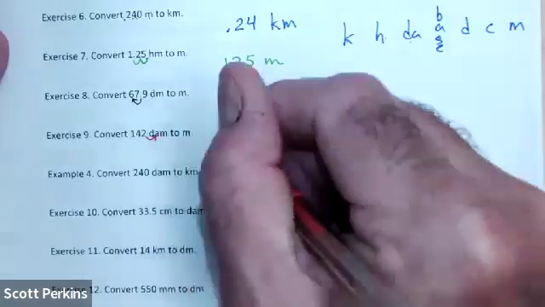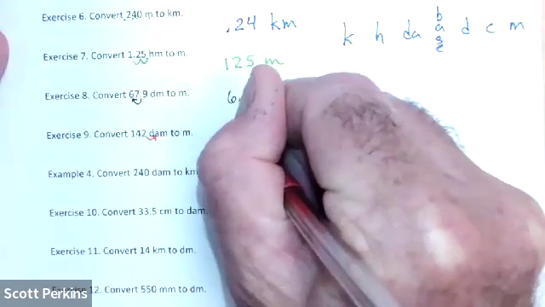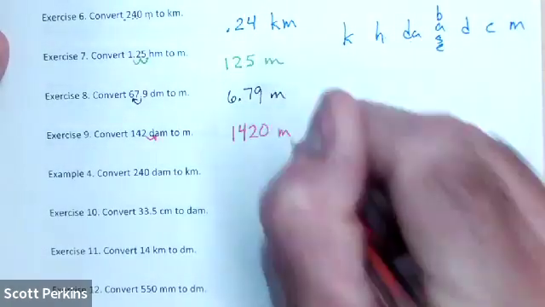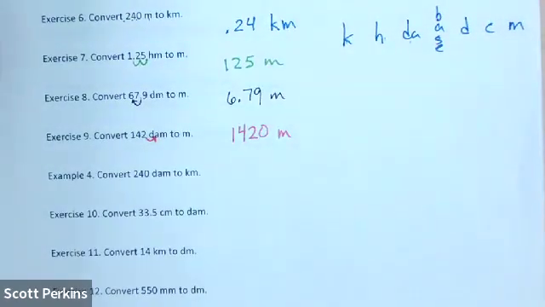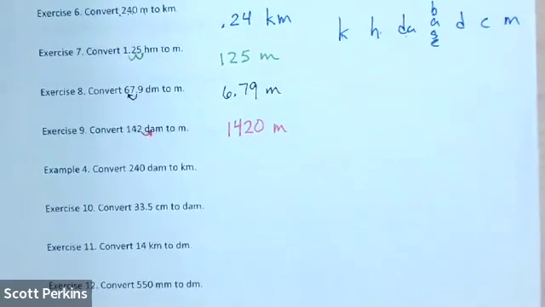A 0, yes. So we've got 1,420 meters is how much 142 decameters would be. Again, are we doing okay? Once it clicks, and once you remember the prefixes, once you've done enough of them, you don't even have to write anything down. You can just go ahead and you'll know.